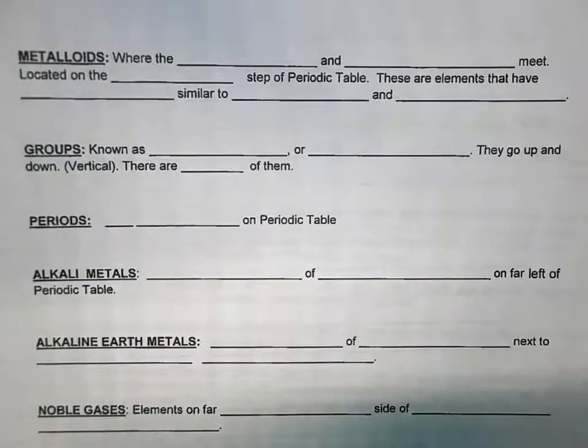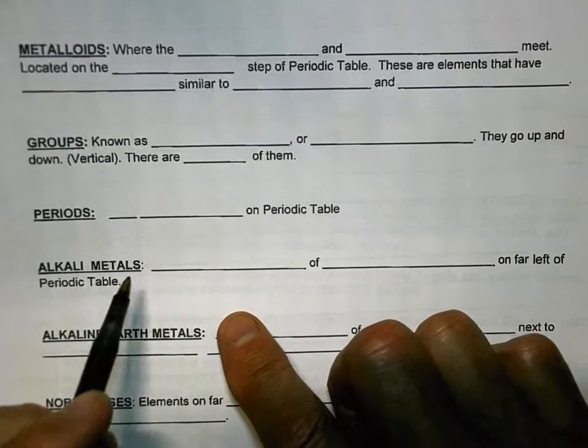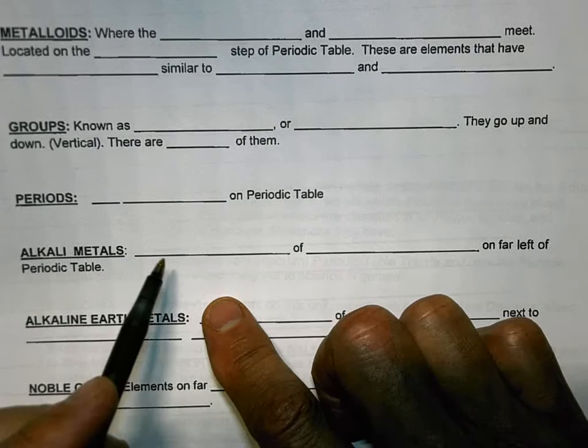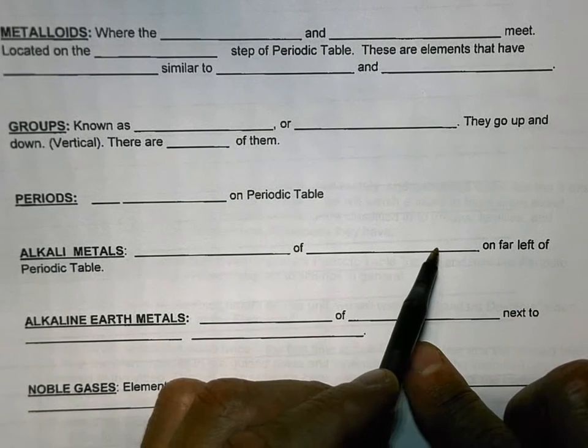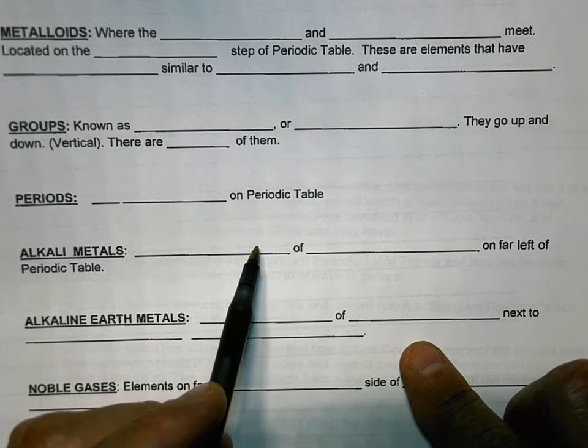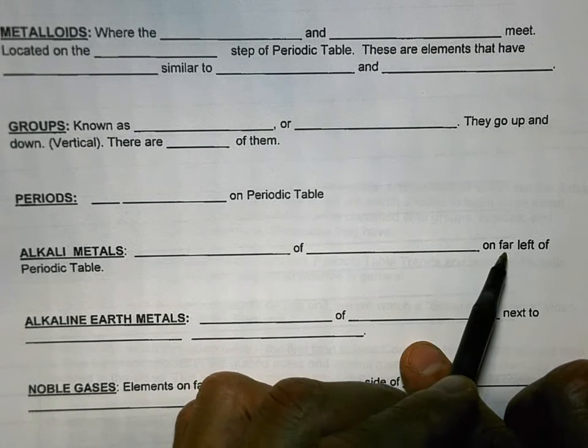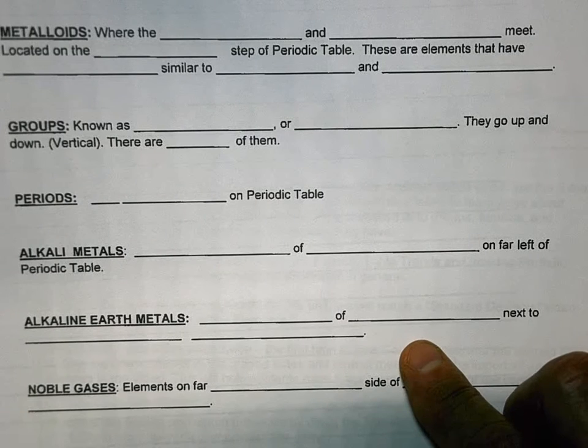Okay, alkali metals. Alkali metals are a group of elements on the far left of the periodic table.